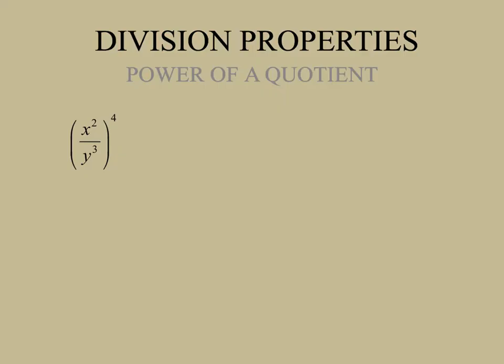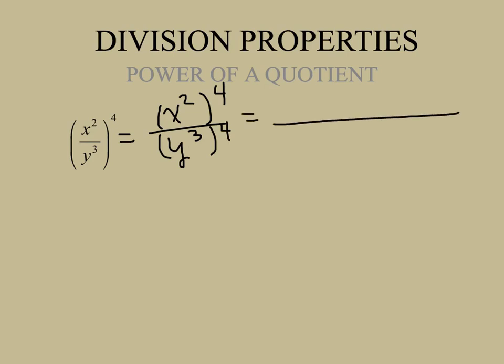And the last one, we've got a fraction raised to a power, and it's not as hard as you might think it looks. What you're going to do is take the exponent of 4 that's outside the parentheses and apply it to both the numerator and the denominator. So we've really got x to the 2nd raised to the 4th power over y to the 3rd raised to the 4th power, which is equal to, we'll do each part separately.